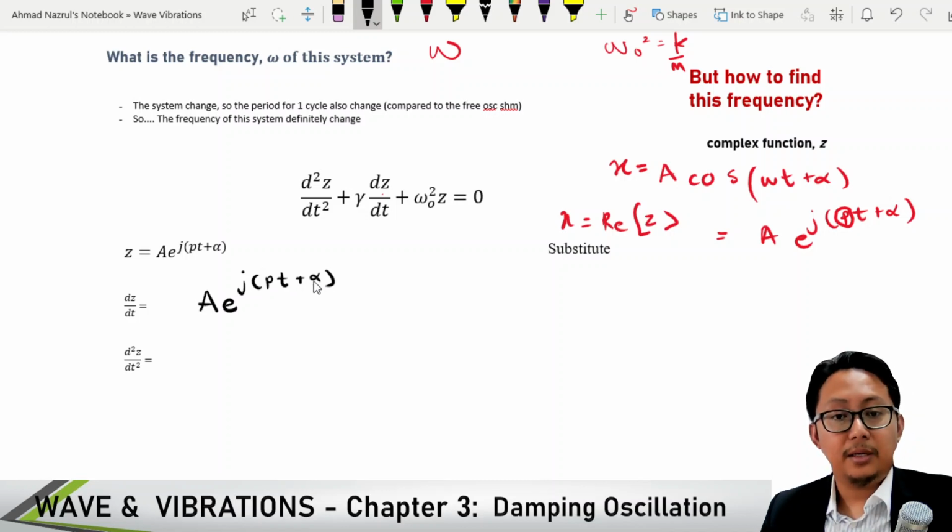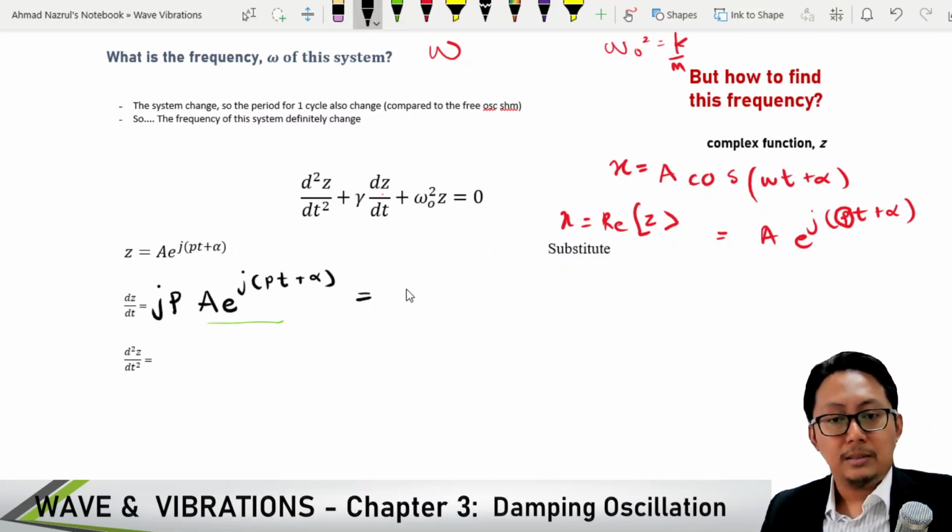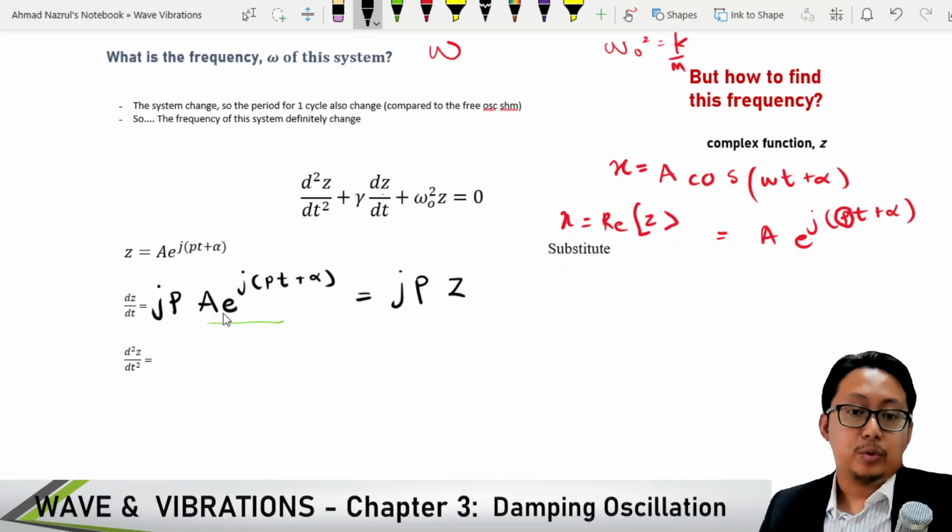Alpha does not have t, so it becomes 0, and we differentiate only jpt, which gives jp. And we know that A exponential j(pt plus alpha) is z. To make it simple, dz/dt is jp z.